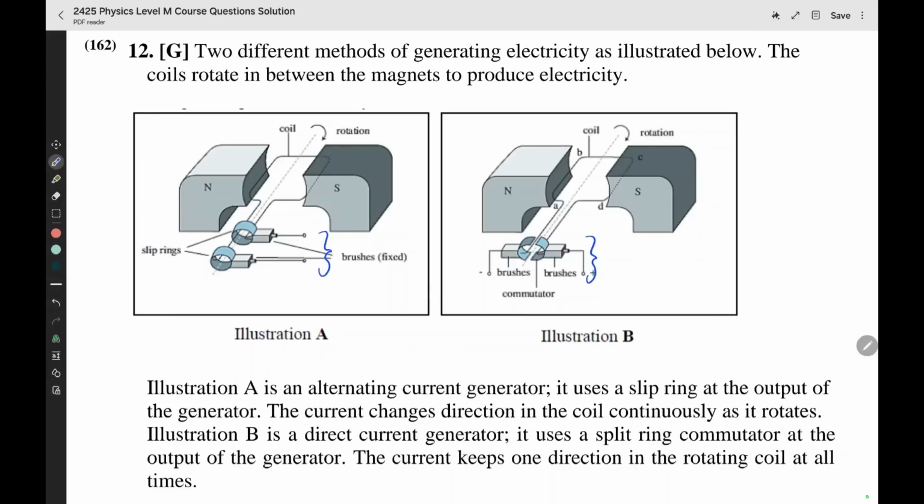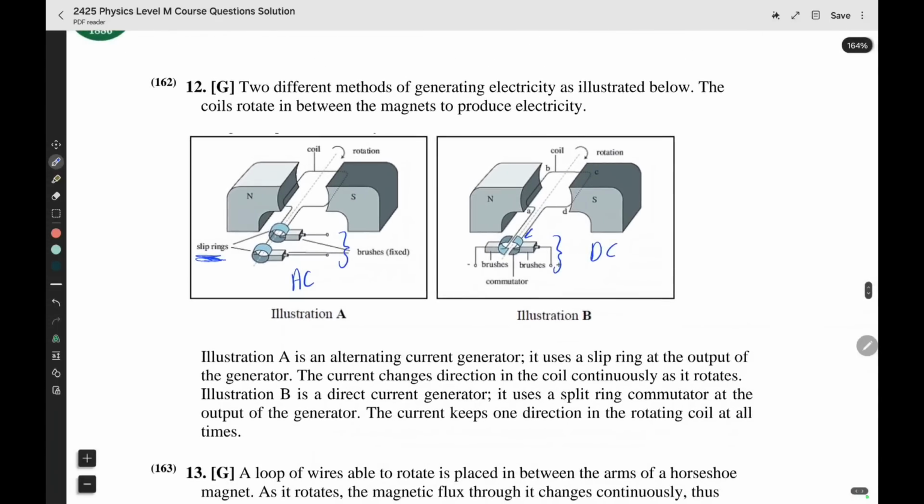For A, I think they got it in the CA. They asked you what is A, what is B, and here's how you look. The one with two slip rings, they give you this picture. This is obviously AC, and the one with one split ring commutator, that is DC. Illustration A is alternating.